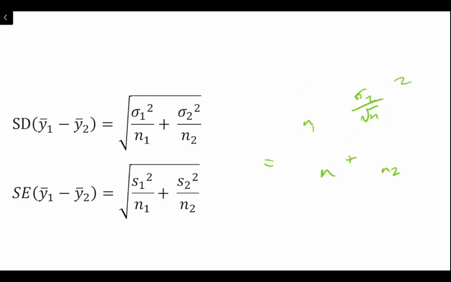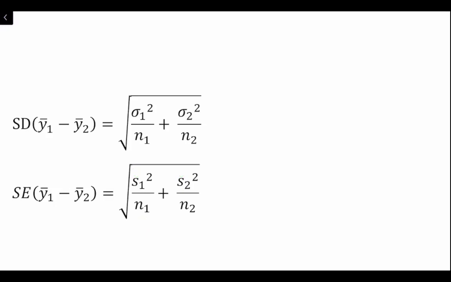Now, when we don't know the standard deviation of our population, we're then going to revert to the standard error. The standard error of y bar 1 minus y bar 2 is equal to the square root of the standard deviation of sample 1 squared divided by the sample size of our first sample, plus the standard deviation of sample 2 squared divided by the sample size of our second sample.